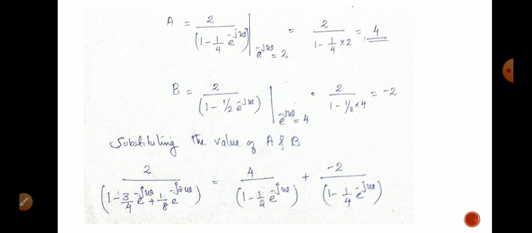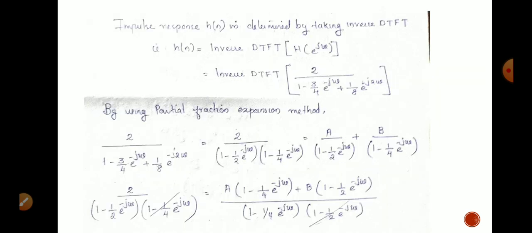From this, A equals 2 by 1 minus 1 by 4 e raised to minus j omega. We have to substitute the value e raised to minus j omega equal to 2, then the term A by 1 minus 1 by 2 e raised to minus j omega cancels.